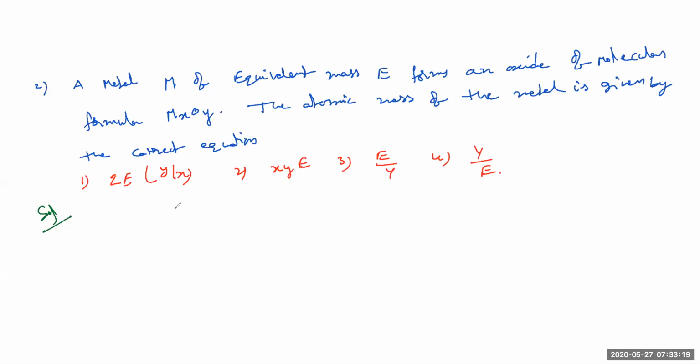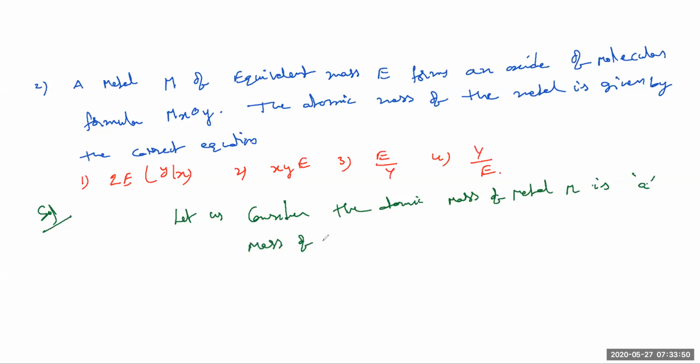So the atomic mass of metal, let us consider the atomic mass of metal M is say small e. Then what is the mass of metal?